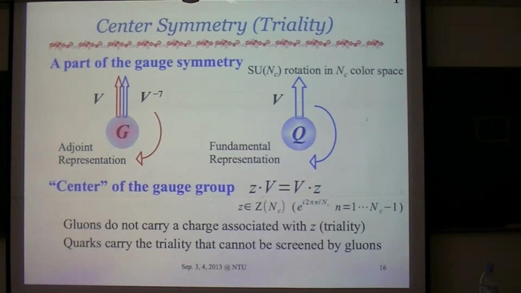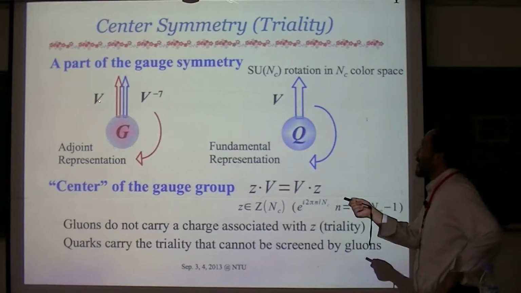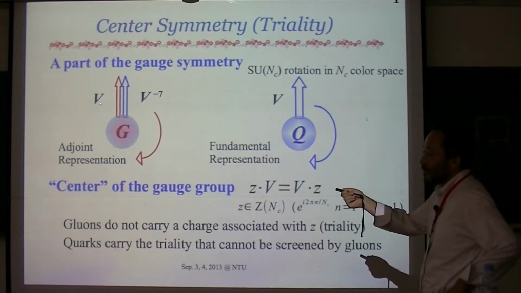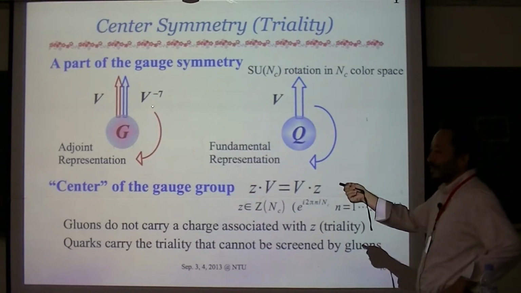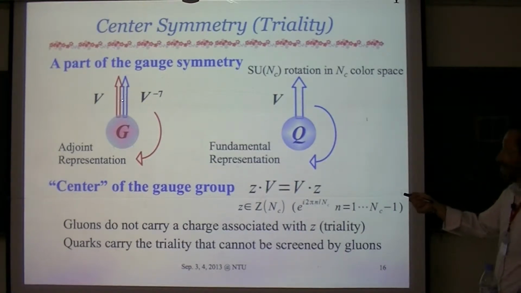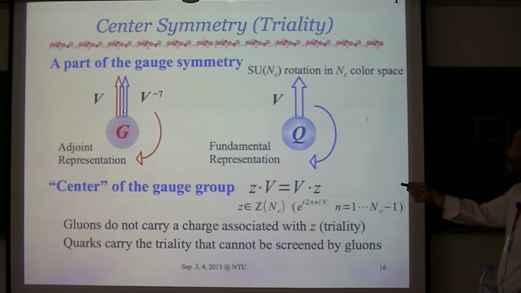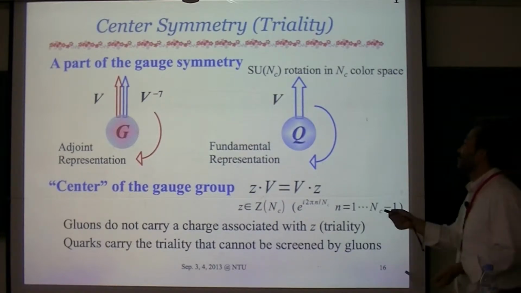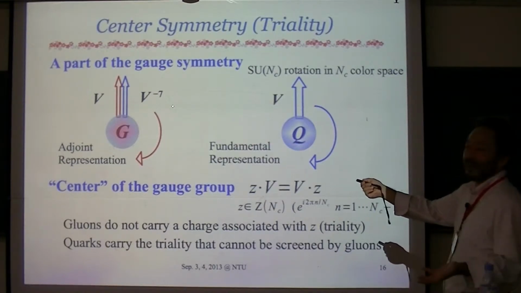And what is special about this center is the following. For the adjoint representation, as I said, this gluon must be transformed by the combination of V and V inverse. So if this V happens to be the center element of the center group, then the gluon is not changed at all, because of the combination of V and V dagger.